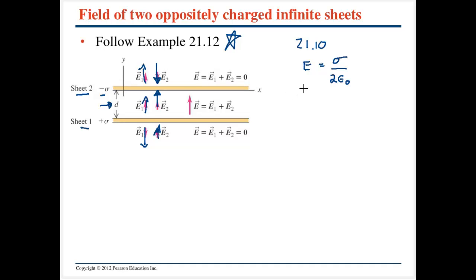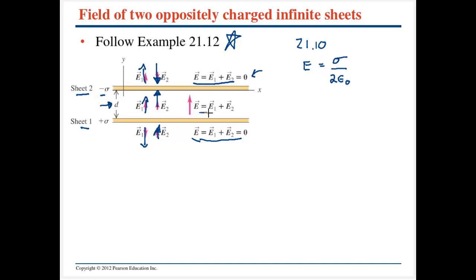And we can convince ourselves that these two are going to add together outside. They're going to have equal magnitude, simply opposite directions, and the electric field will be 0 outside of this configuration. Same down here at the bottom, we'll get 0 electric field.